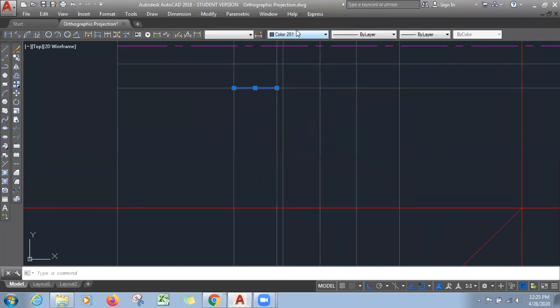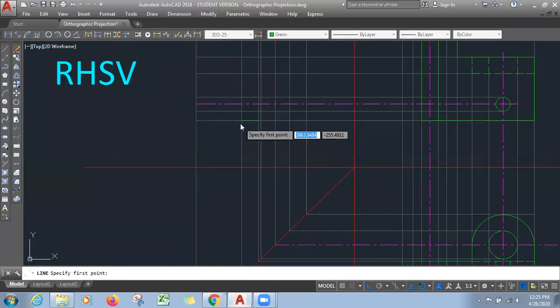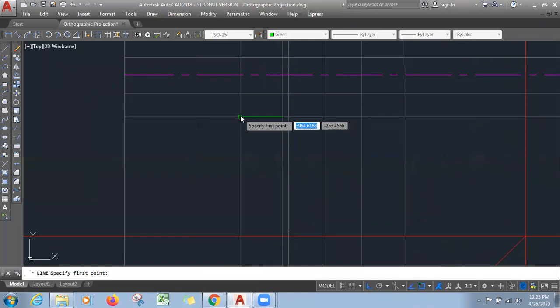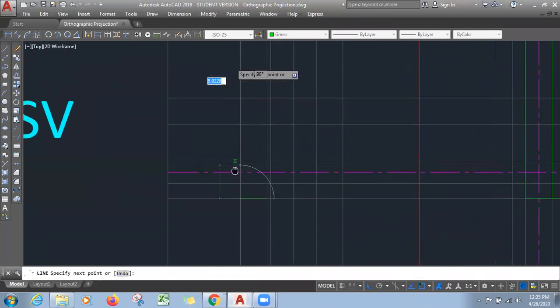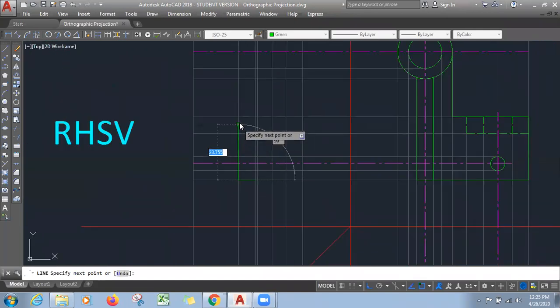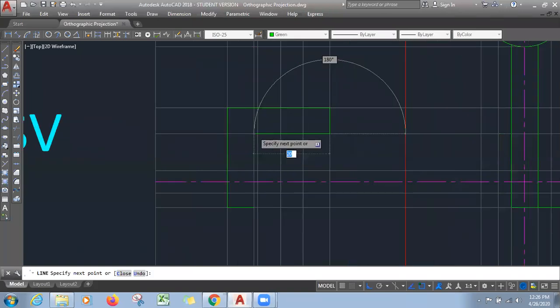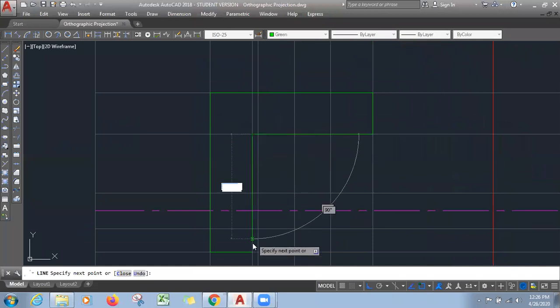Let me change color first. I will change color, take a line. Now from this point it will go vertical up to what distance? See, up to this one we have this level. Then it will go horizontal up to the end. It will go down here up to this level, horizontal up to this level and this level.